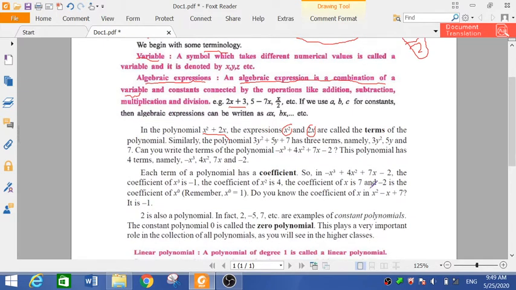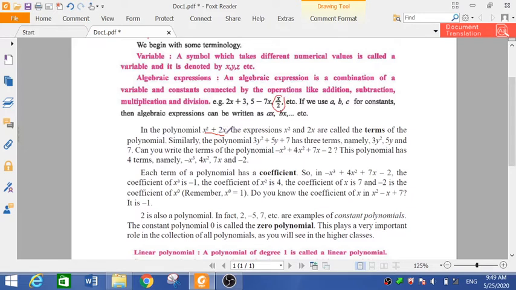More examples are given here, with 2 terms, 3 terms, 4 terms, 5 terms. If it is one term, we say monomial. When 2 terms, binomial.